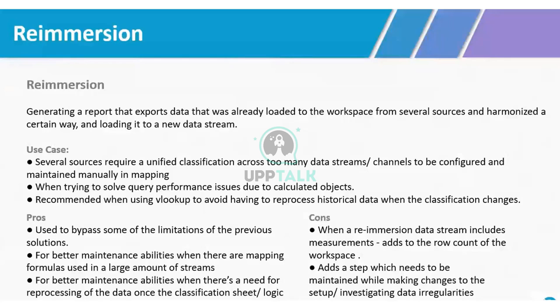Now tomorrow, when the classification sheet changes, you need to again work on your dimensions and calculated dimension formulas and patterns, everything. Because you don't have data classification, of course, because that's where you will upload your classification sheet. It becomes very difficult, very tedious, very cumbersome and time consuming for you to work on these.